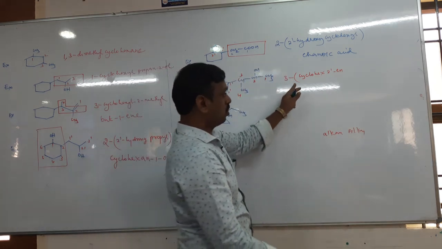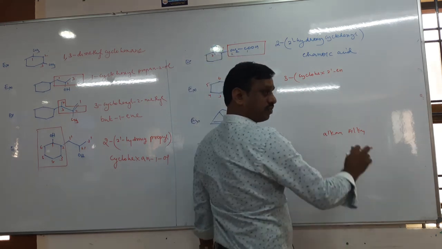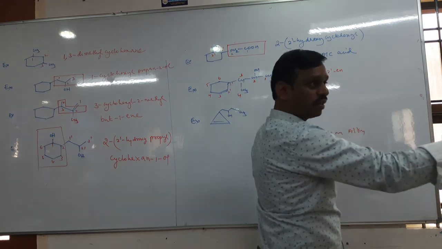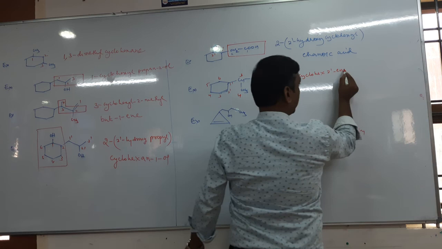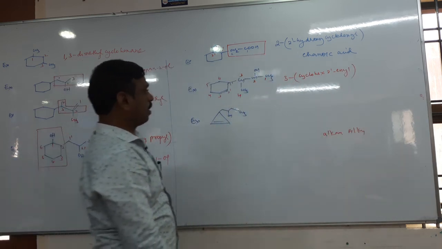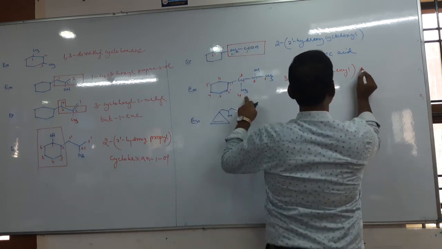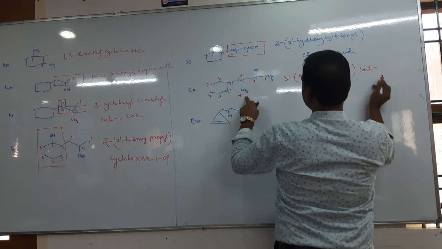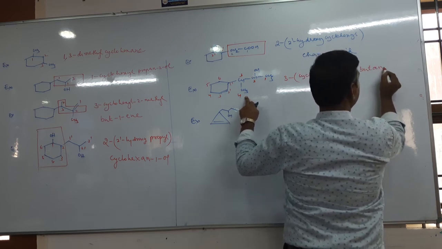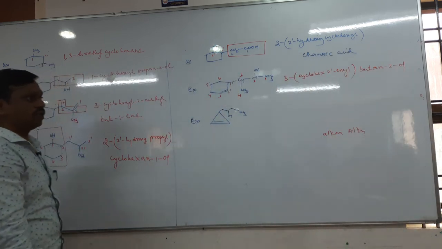So here also cyclohex 2 prime enyl, because the side chain is an enyl. Okay, next. The remaining thing is the same. It is butane 2 ol. Butane 2 ol.